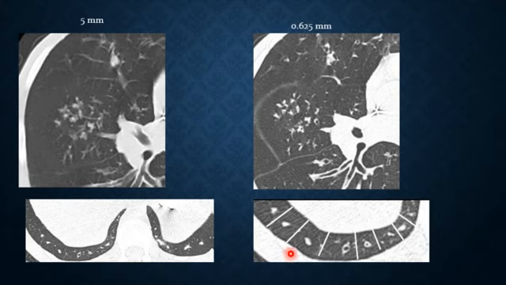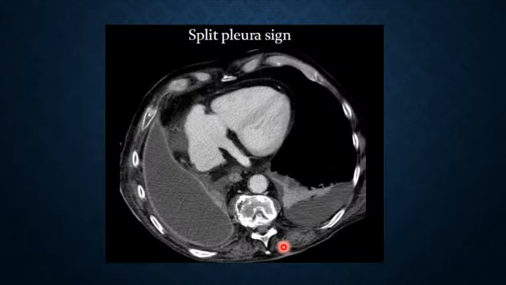Now the next sign is what's called the split pleura sign. This is a very easy sign, very well known, and we recognize it easily in daily practice. What we have here is a pleural space.